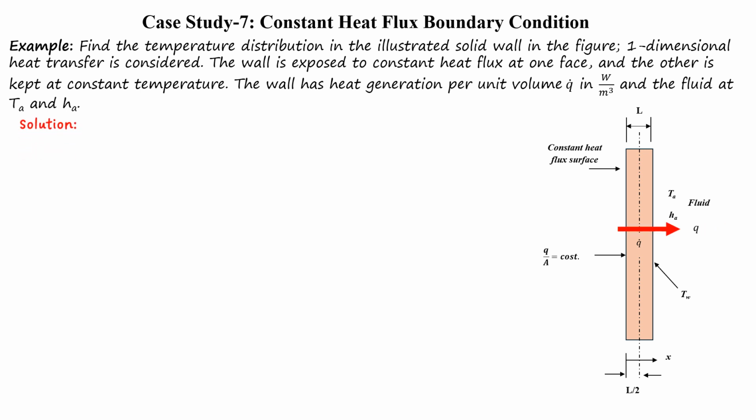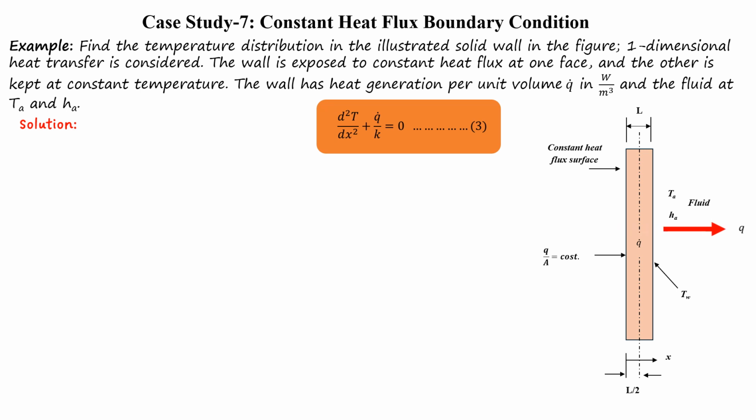The solution for this equation, again, we should start from the general form, one-dimensional heat conduction, which is accompanied by a heat generation per unit volume in the wall in one-dimensional form under steady-state conditions: d squared T by dx squared plus q dot divided by k equal to 0.